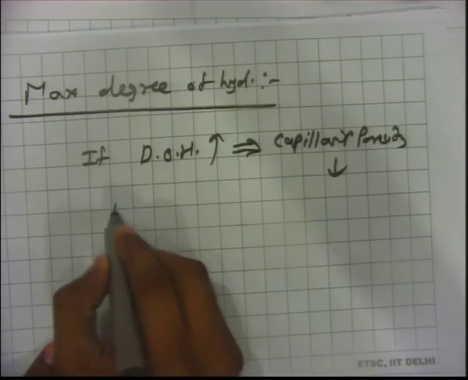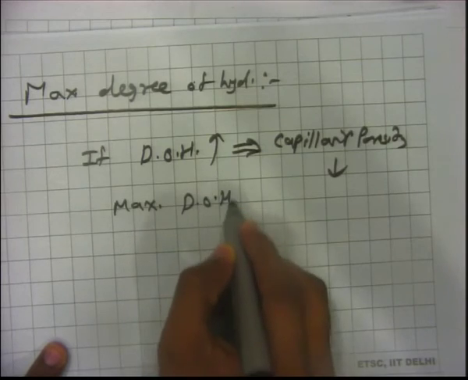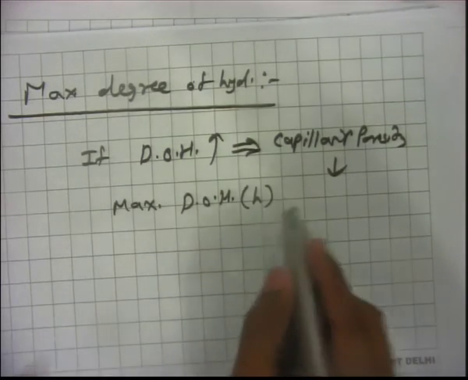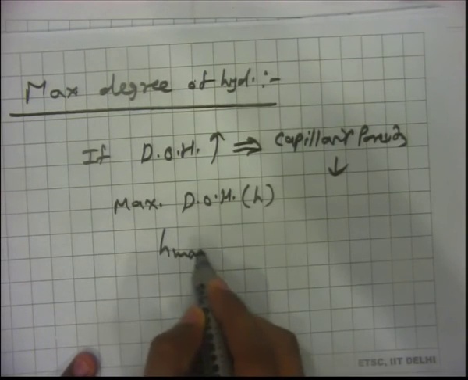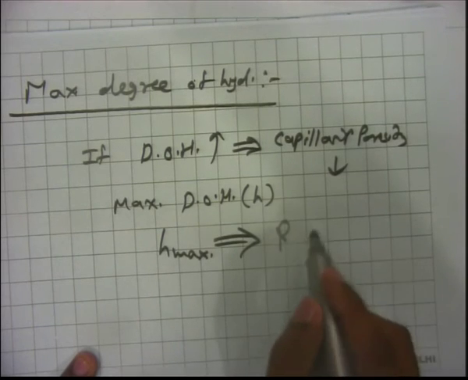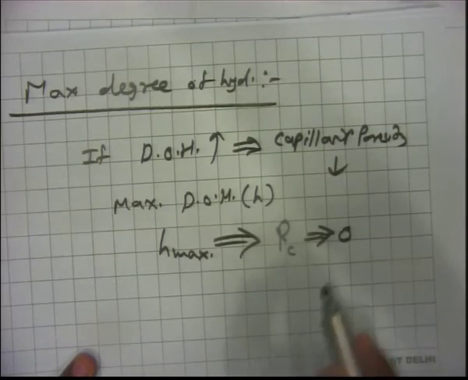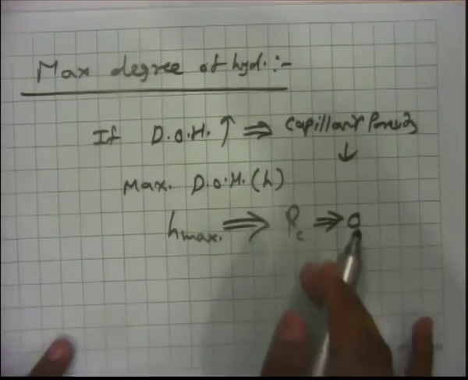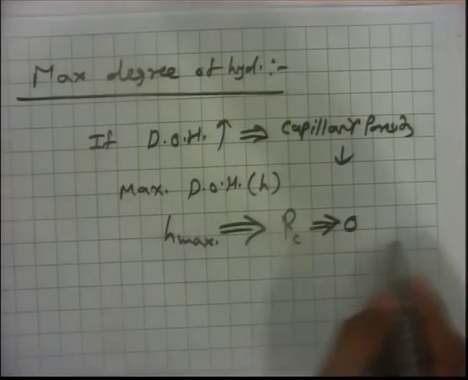Now we want to maximize the degree of hydration, which we have denoted as H. So for this H maximum, capillary porosity should be minimum, say 0. We will try to make capillary pores 0 for maximum hydration. So Pc equal to 0.